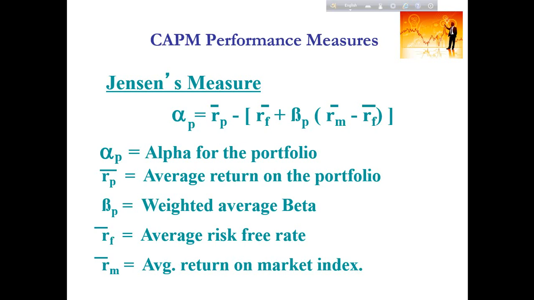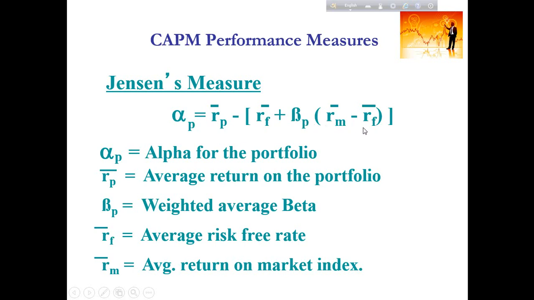A way that we can measure the magnitude of outperformance, using beta as a measure of risk, is Jensen's alpha. Jensen's alpha is an adaptation of the CAPM model, whereby we can estimate the expected return that a stock should have generated given its beta. We can see here in square brackets the risk-free rate plus beta times the return on the market minus the risk-free rate.